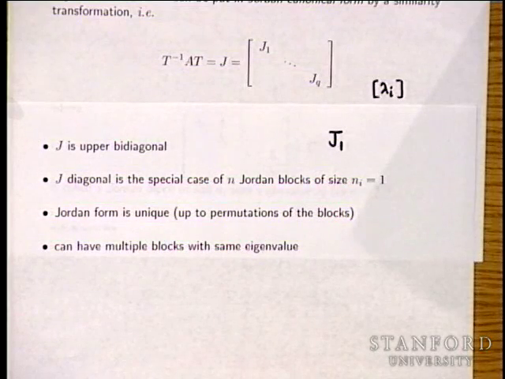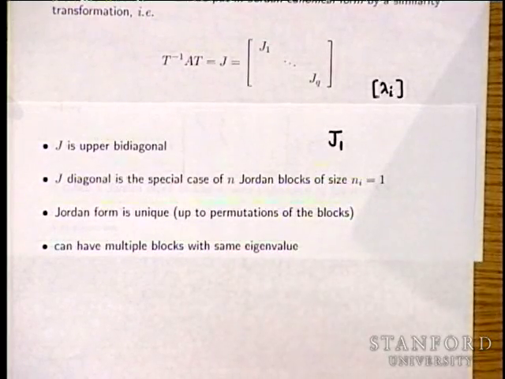So if you go to Google and type something like, source code Jordan canonical form, what you'll mostly get is a bunch of harangues about how terrible it is and no one should ever compute the Jordan canonical form numerically and so on and so forth. That's probably what you'll get.